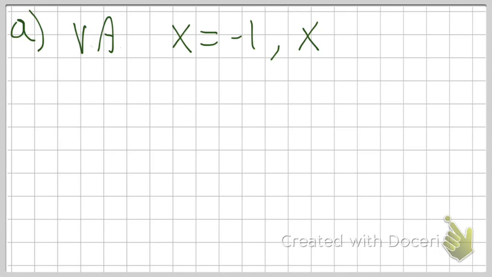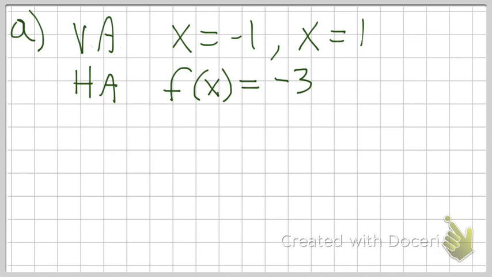So in number 27, part A, we wanted vertical asymptotes at x equals -1 and x equals 1, and then a horizontal asymptote at f of x equals -3.